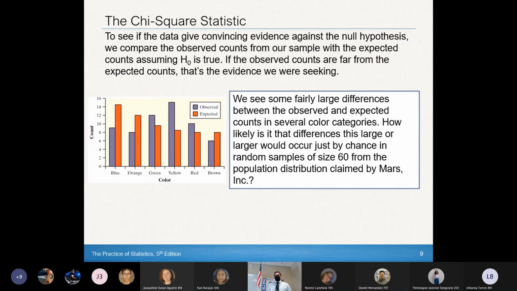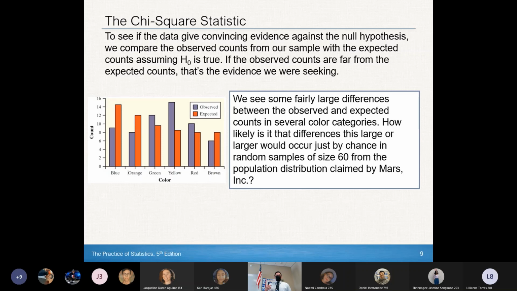How likely is it that differences this large or larger would occur just by chance in random samples of size 60 from the population distribution claimed by Mars Incorporated? This is a very similar question to what we answer when we talk about p-values.